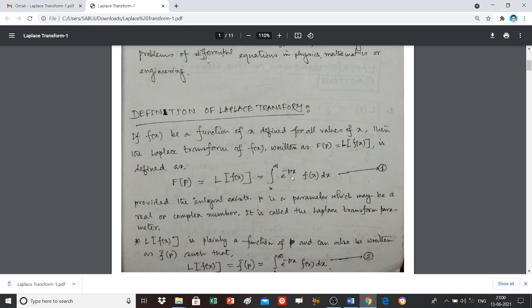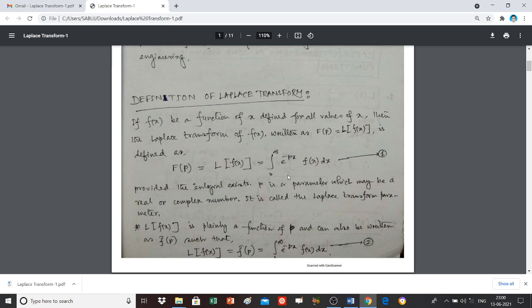And this p is a parameter which may be real or complex. In this definition, p is called the Laplace transform parameter.